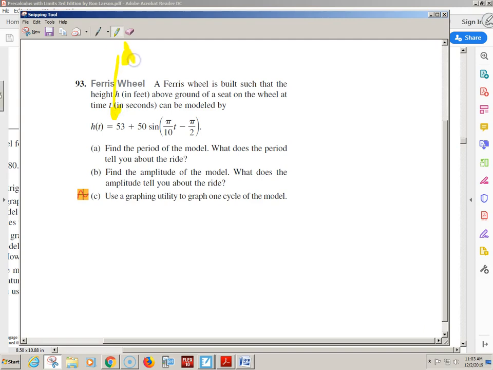That's my D. That's my A. I'm going to totally rewrite this guy though because he's a mess. So let's make this 53 plus 50 sine of. You guys see that pi over 10 I'm pulling out? Oh, awkward. To pull him out, I have to divide.